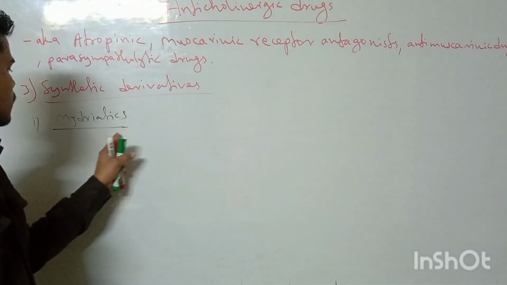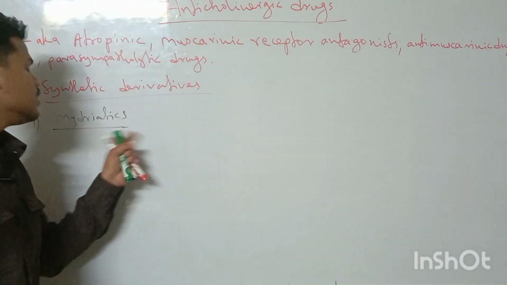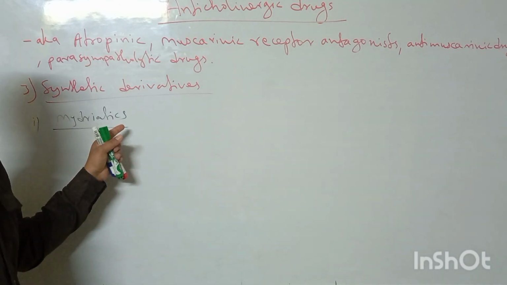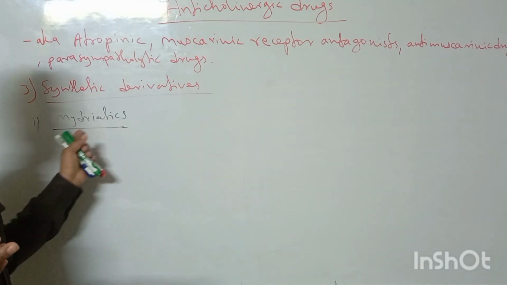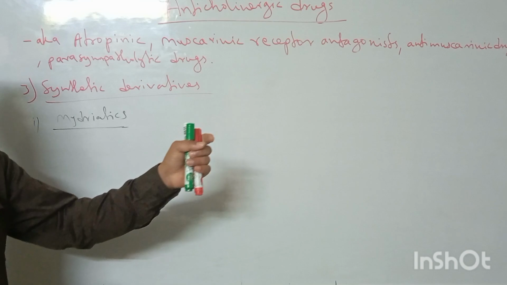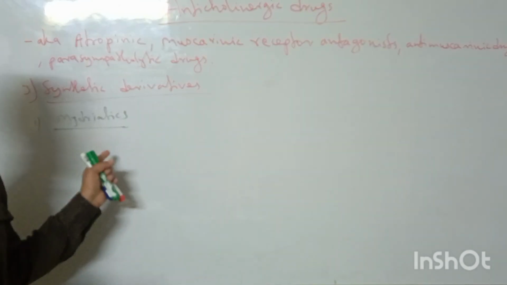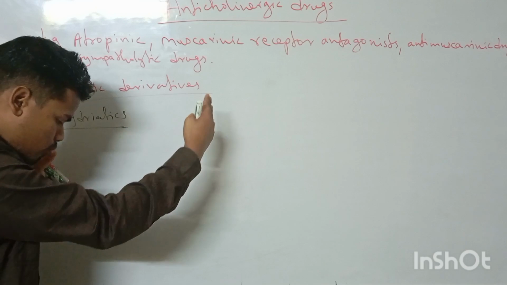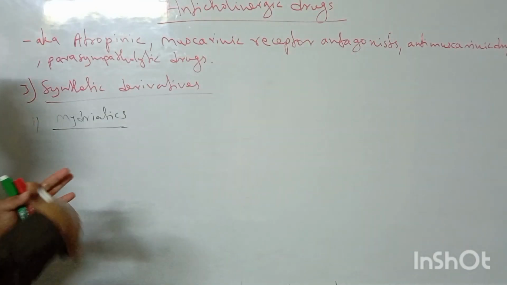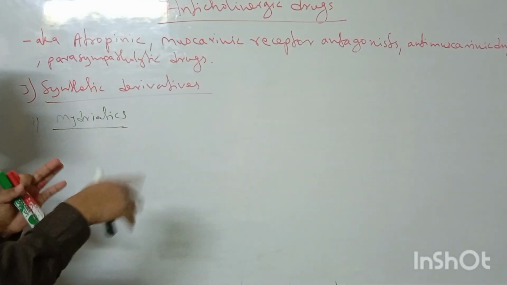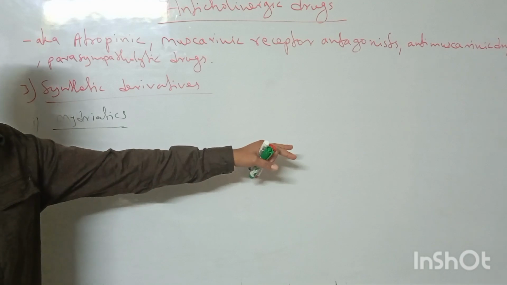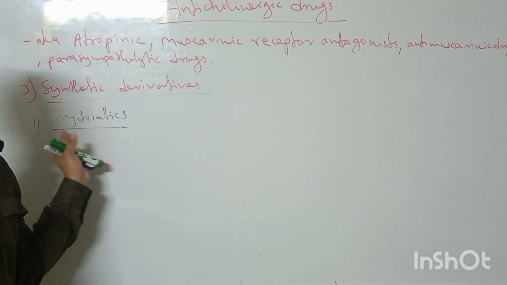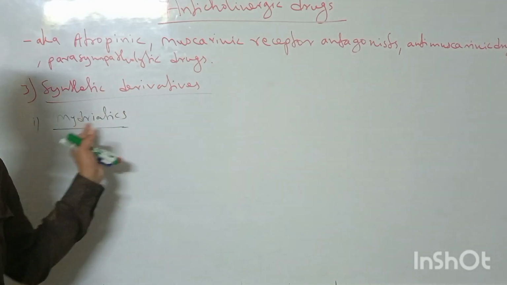Again, dear friend, why do you need this much classification? First of all, this classification makes it easier to understand the characteristics, usage, and adverse effects of a particular group of drugs, rather than studying all characteristics in each individual drug.